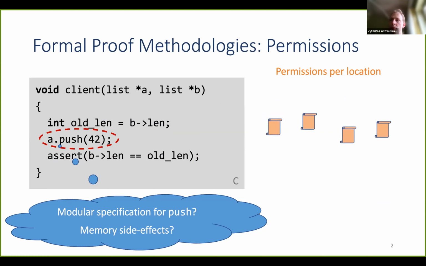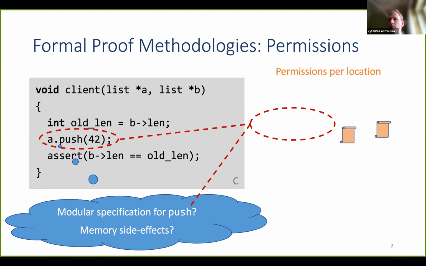Now, when we call a method, since we are in modular verification, we need to give the permissions that are necessary for executing that method to the method itself. It takes permissions, potentially returns the same or some different permissions. And the important property that this permission logic gives us is framing.